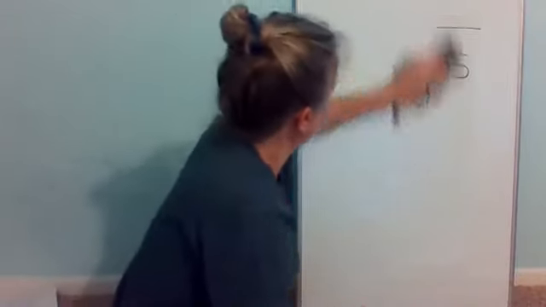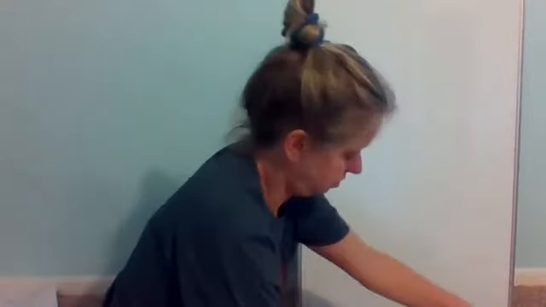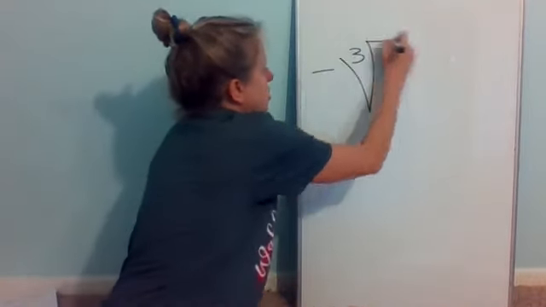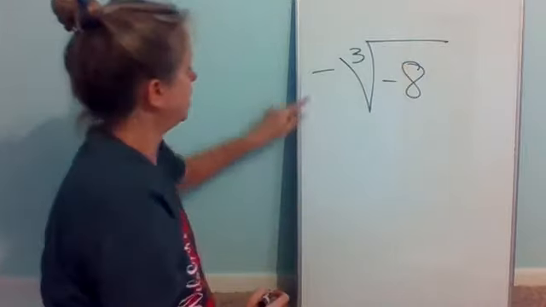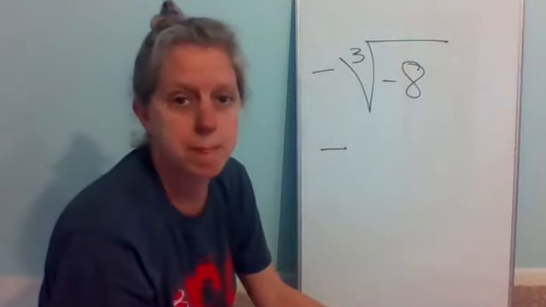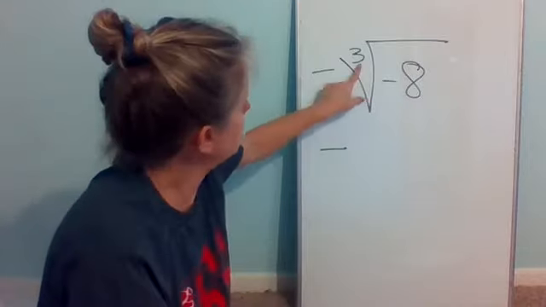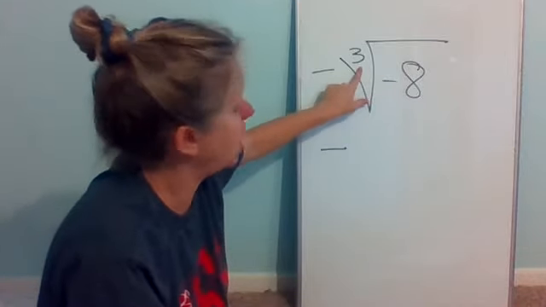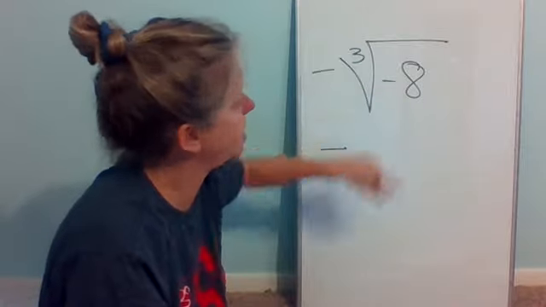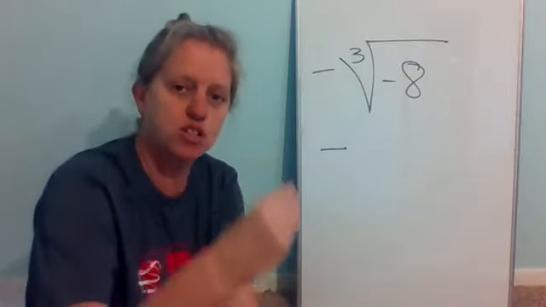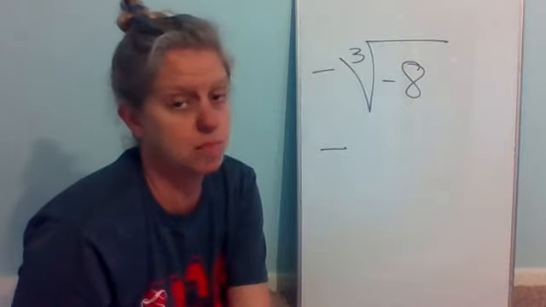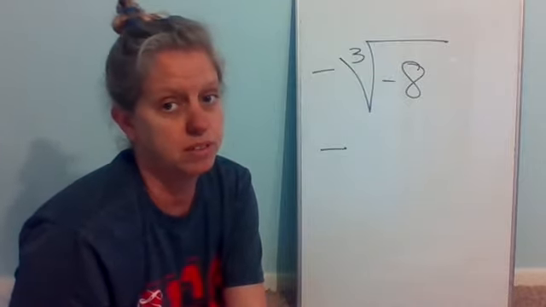Number 13. Negative on the outside, cube root, negative 8 on the inside. Negative on the outside comes down. What is this going to give me? What number times itself? If you want to put this in your calculator, go right ahead. Cube root of negative 8. It's not going to be a big number. If you're multiplying a number together 3 times and you're only getting negative 8, you're not going to be using a very big number.